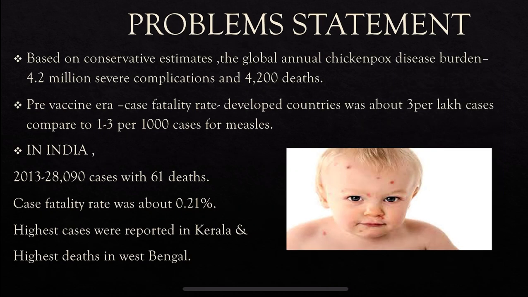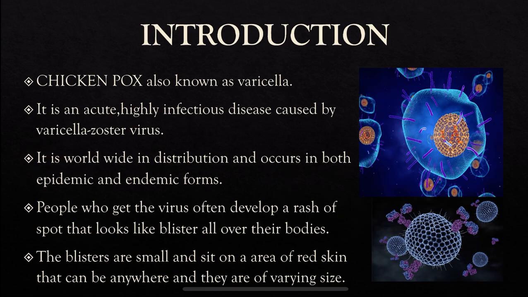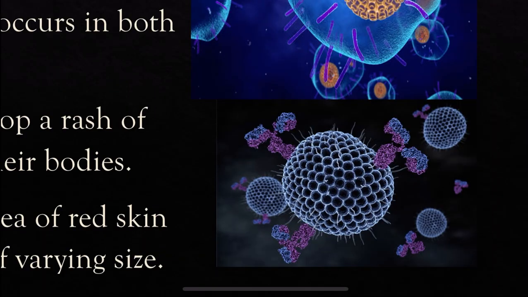Moving further to the problem statement. Also, we need to know that chickenpox and herpes zoster are now regarded as different host responses. There is a clear differentiation between herpes zoster and chickenpox. They have different host responses to the same etiological agent. Herpes zoster is also caused by the varicella zoster virus, and chickenpox is also caused by the varicella zoster virus, but both have the same etiological agent with different host responses.